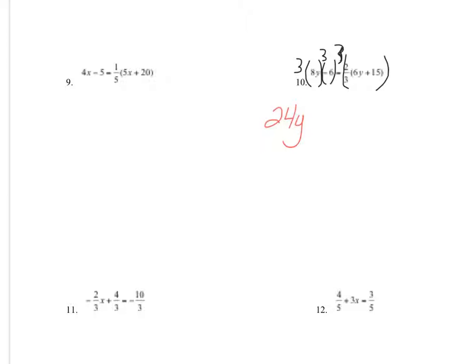Again, we get 3 times -6, and we get minus 18 equals, and the last part, right here, the fraction. 3 goes into 3 once, and that leaves me with a 1 times a 2, so I get 2 parentheses 6y plus 15.